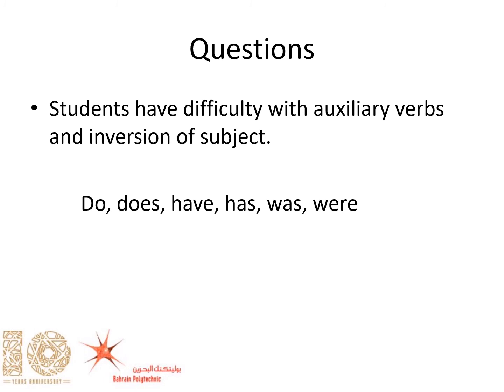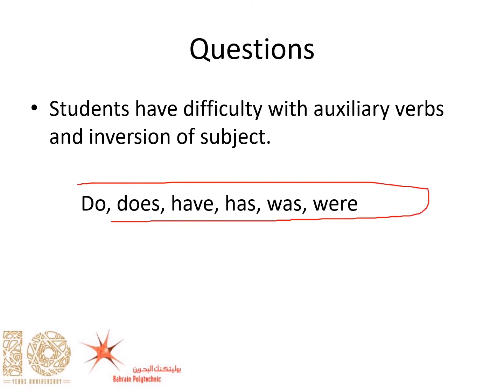So for writing any of the questions that require any of these, only hell will be used to ask any question that might start with do, does, have, has, was, and were. This will confuse the learners of the English language also when they come to write questions.